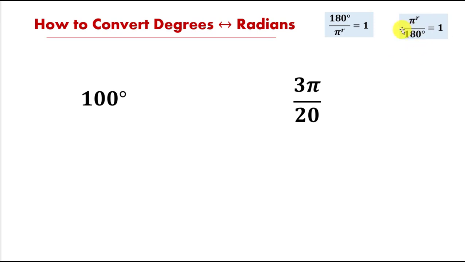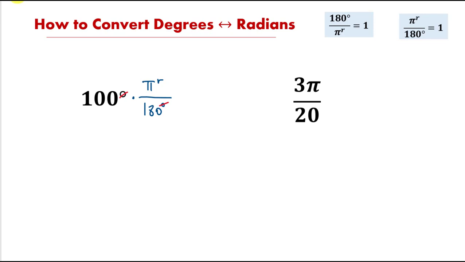So degrees in the denominator in this ratio will cancel with the degrees that we have in the original number. And we will be left with radians only. Okay, so I'm multiplying by pi radians over 100 degrees. And again, that represents 1. So I'm not changing the overall quantity. But at the same time, degrees are being cancelled. And I'm only left with radians.